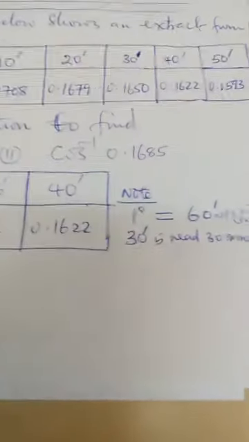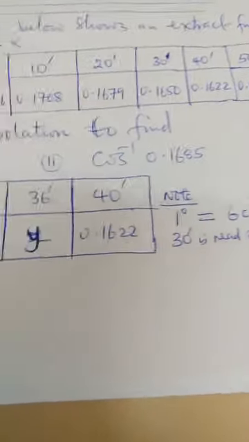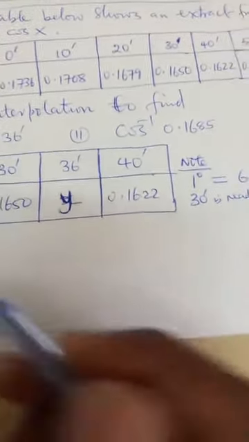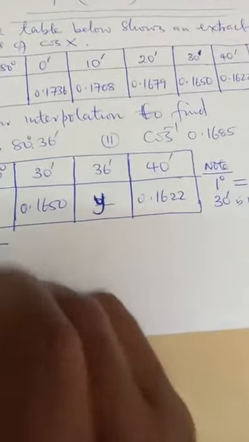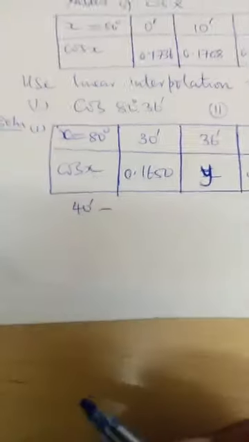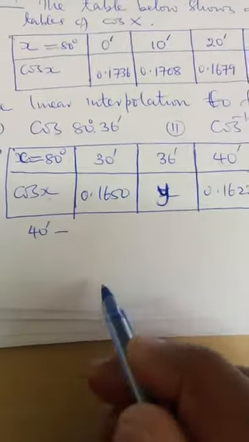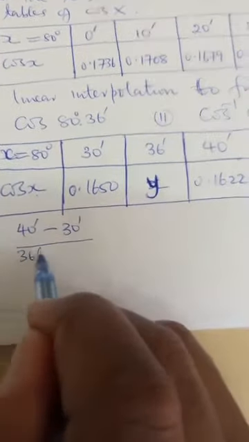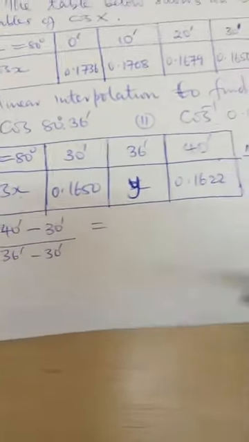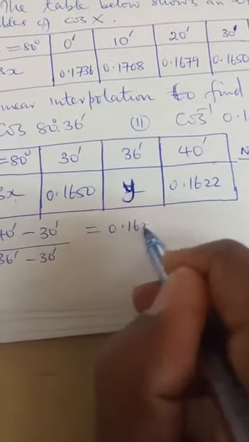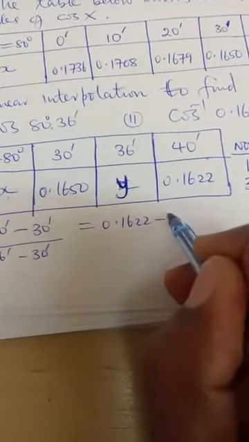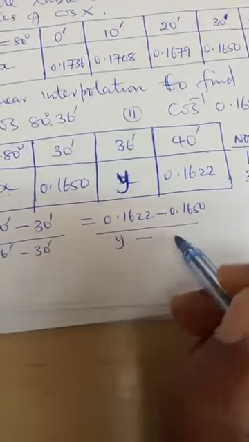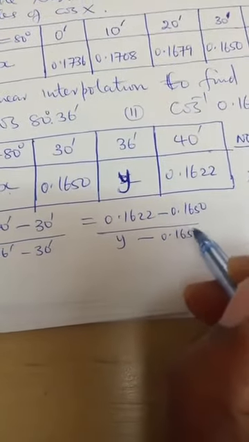This can help us if the values given were not in minutes. But since they are all minutes, we shall simply say that 40 minutes minus 30 minutes over 36 minutes minus 30 minutes should be equal to 0.1622 minus 0.1650 over y minus 0.1650.